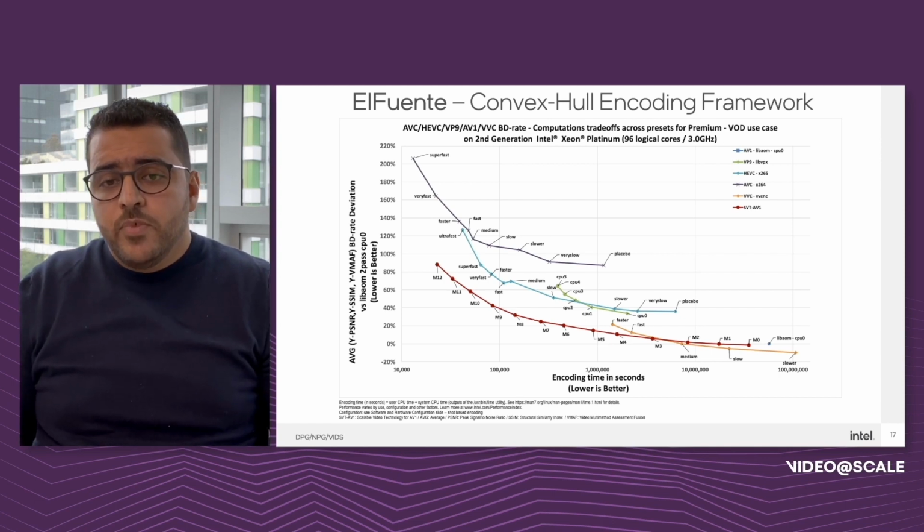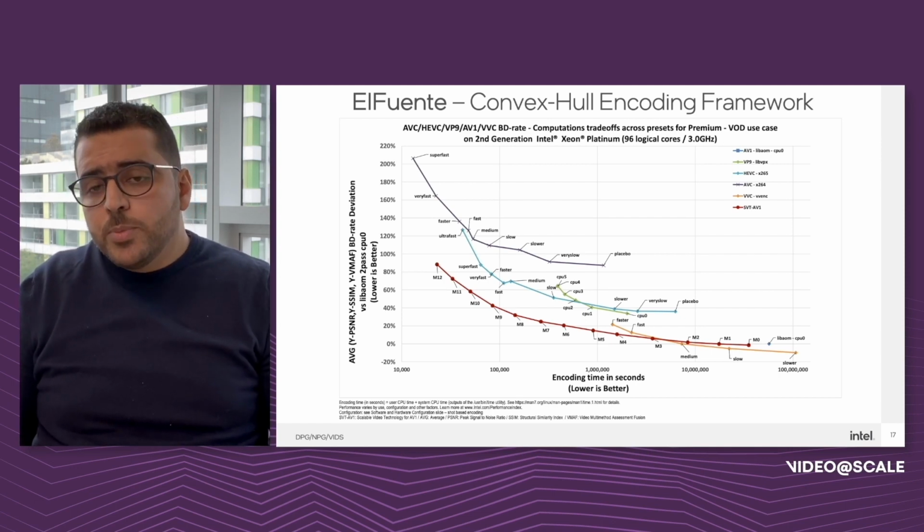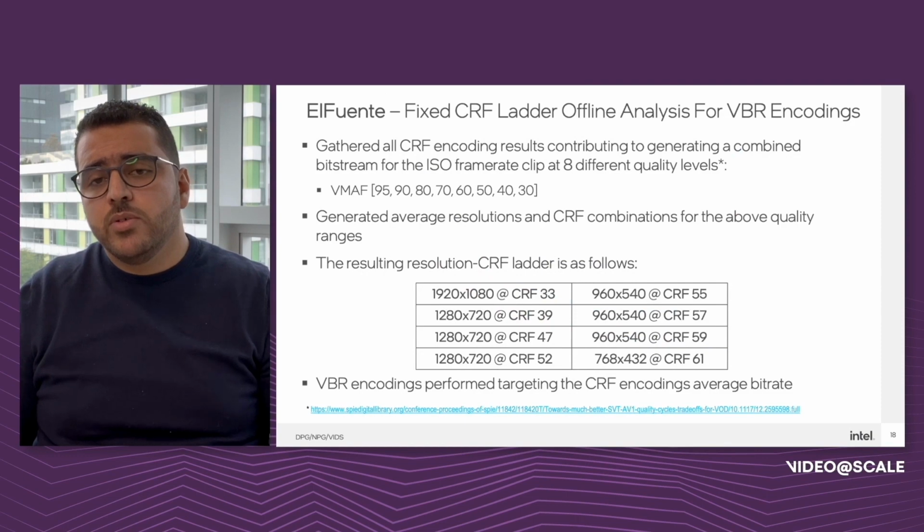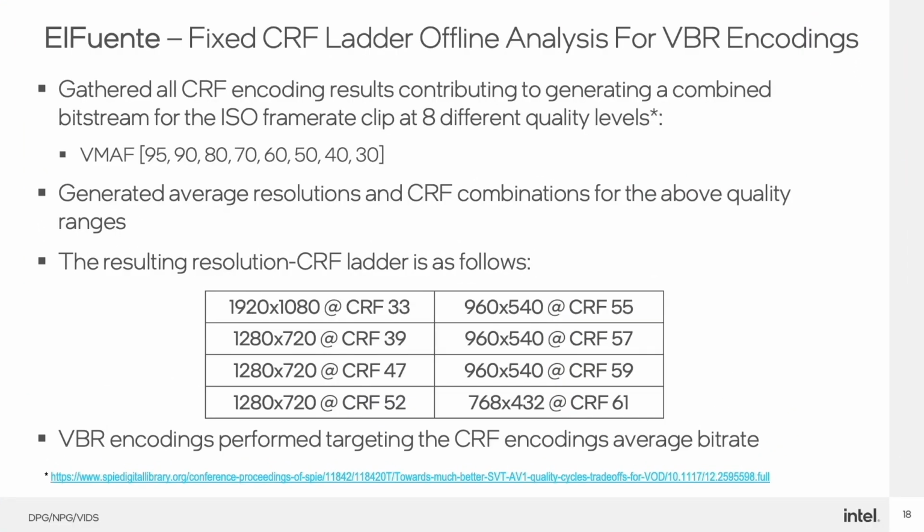So with this being the CRF performance comparison of all of the encodings, we want to go now to evaluating the VBR performance of SVT-AV1. To do so, we have gathered all of the CRF encoding results, contributing to generating 8 different quality levels, as has been discussed in the SPIE paper that you can see the link for below.